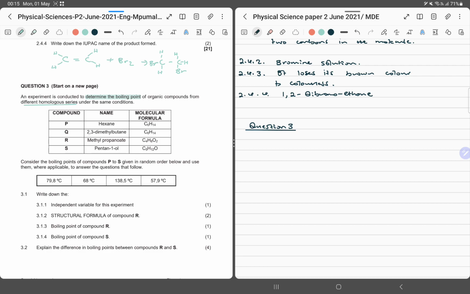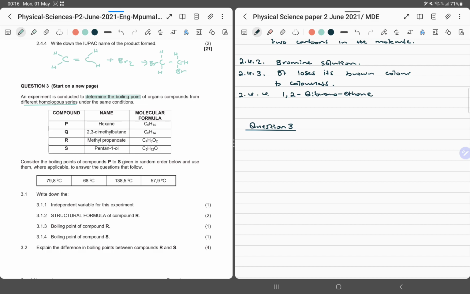Then we've got compound Q, which is 2,3-dimethylbutane, essentially a 6-carbon compound, so it's a chain isomer of compound P. Then we've got methyl propanoate, so this is an ester, and then pentan-1-ol.